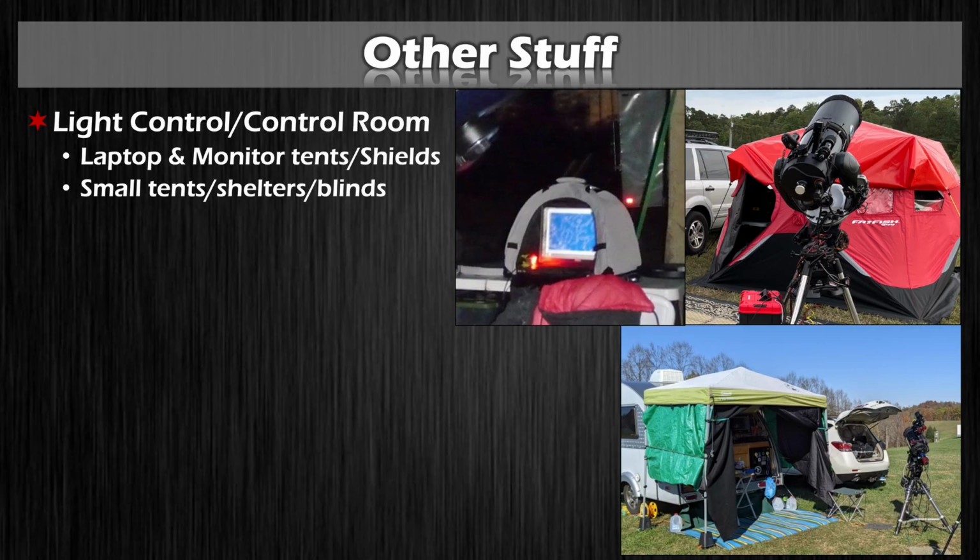You can try small tents, shelters, or blinds. And in the past, I've used an ice fishing shelter to help keep all stray light at bay. And you can also consider doing some sort of remote control from inside an RV, or if you're at home and want to stay nice and warm, you can do it from inside your house.